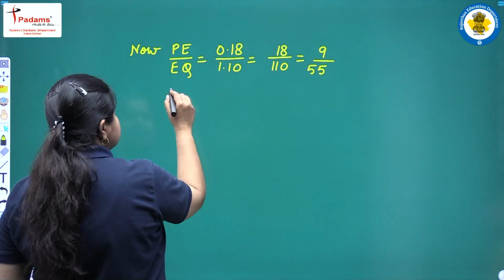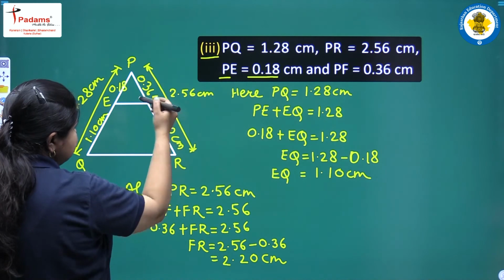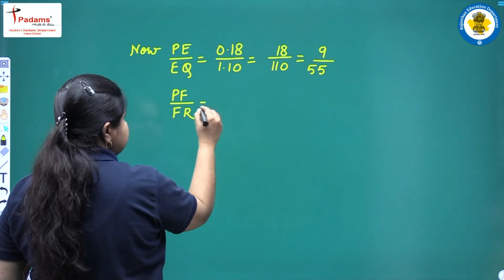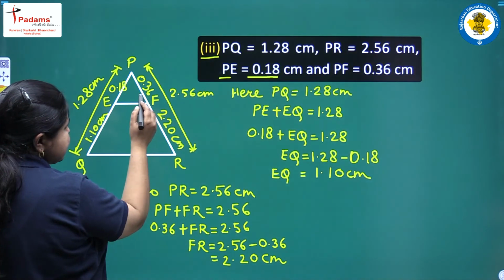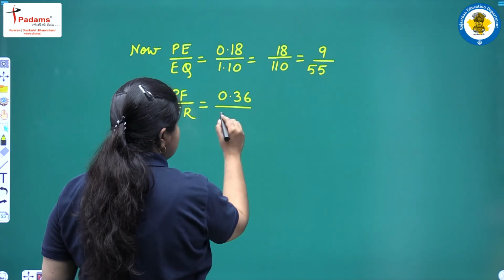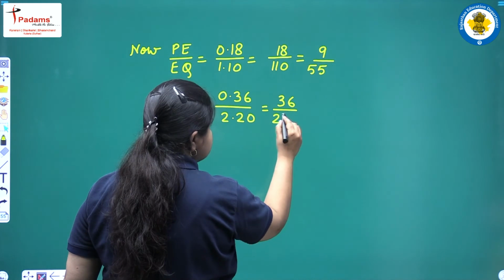Next we take PF upon FR. PF is 0.36 and this is 2.20. So 0.36 upon 2.20. Again this will be equal to 36 upon 220.